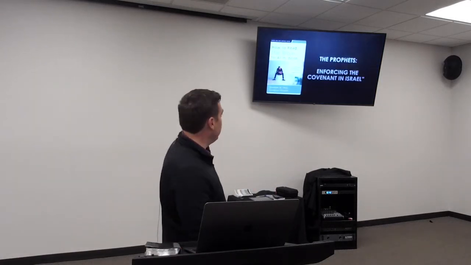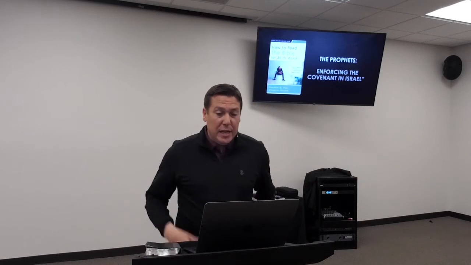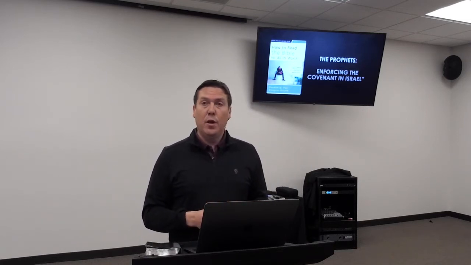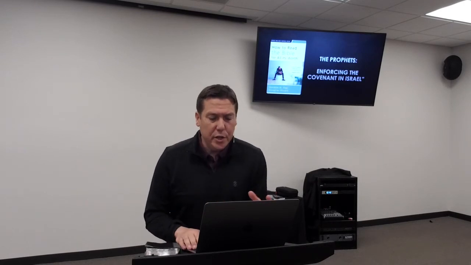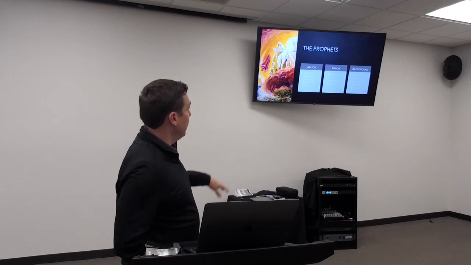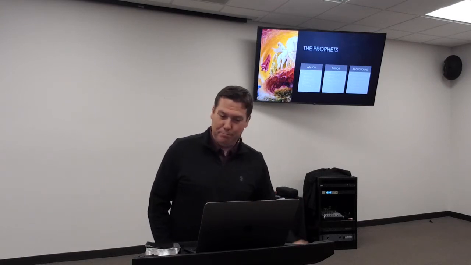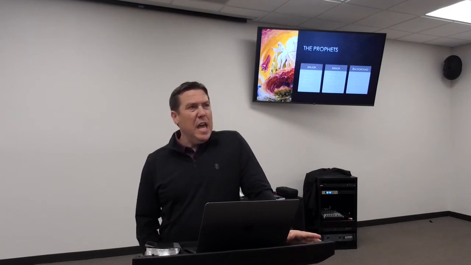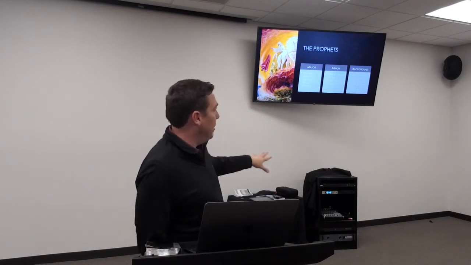So we switch gears and we look at the prophets. And it's directly connected. The prophets of the Old Testament, this chapter is called Enforcing the Covenant in Israel, are divided into three groups: major, minor, and background. The major prophets, you can see them here listed out.